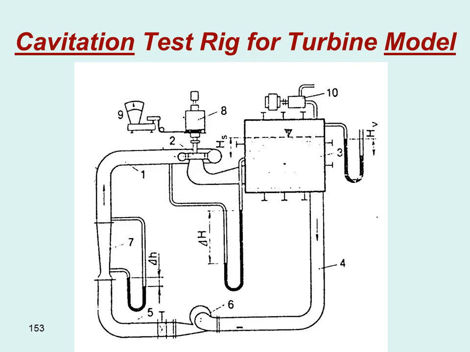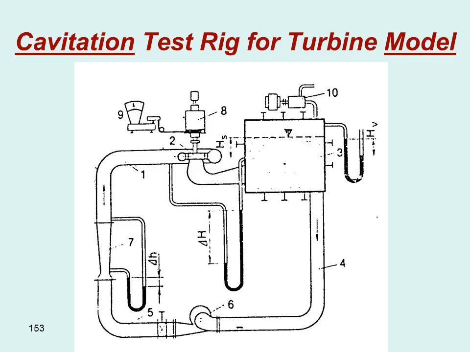We have tank number 3 full of water, and the water from this tank can be transferred by pump number 6 to the turbine number 2, and then this will be the dynamometer and the measuring scale of the force, from which we can obtain the torque output from that turbine under test. Also, we have here a speedometer. From speedometer and torque, we can obtain the power output of that turbine.